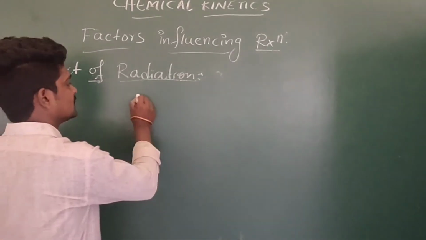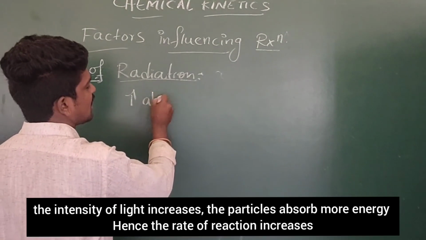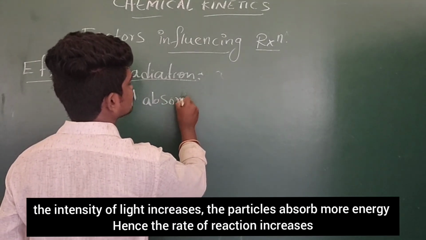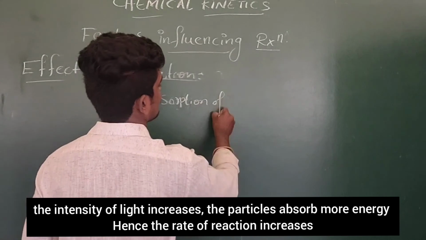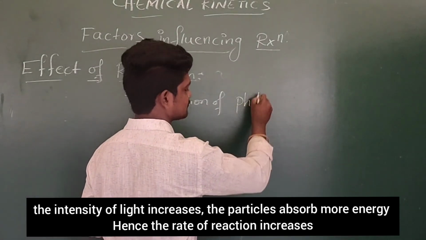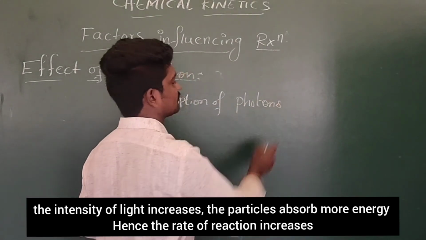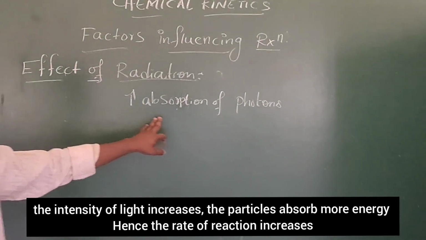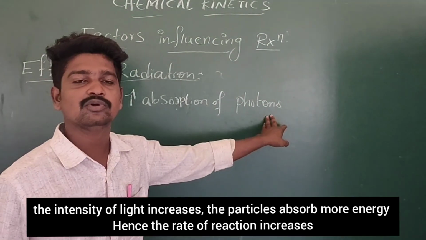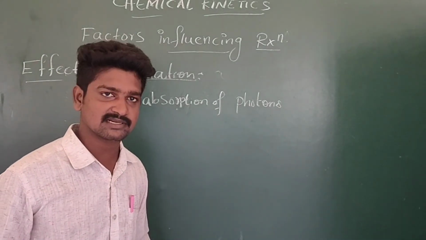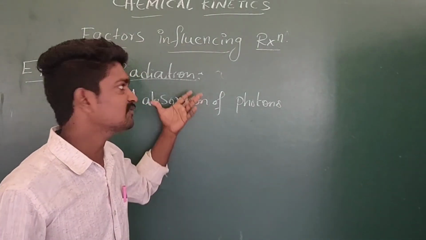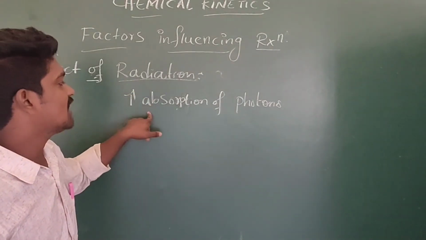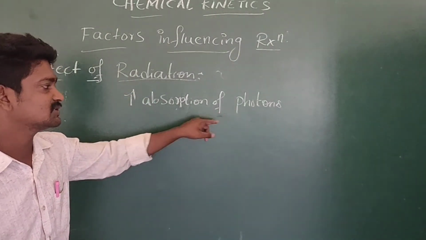There is increasing absorption of photons in the rate of reaction. The absorption of photons would increase the rate of reaction with the heat energy of the radiation. Radiation is nothing but absorption of photons.